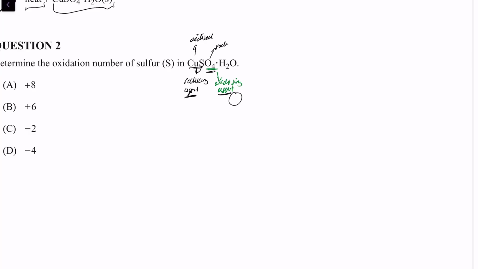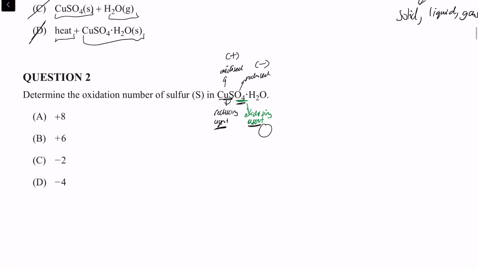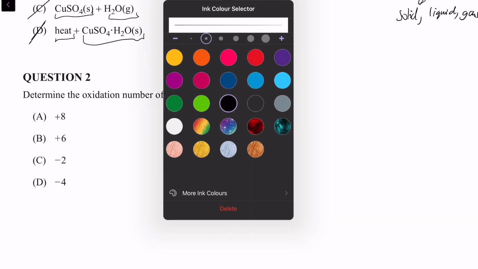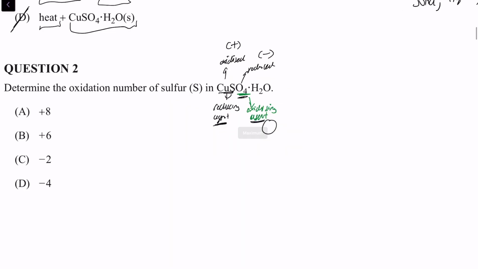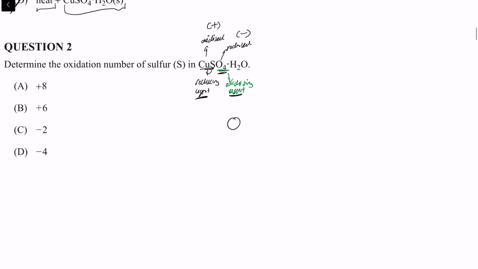And this gets reduced. So essentially what it means is that we're going to have a positive oxidation number for the oxidized elements, and then we're going to have, sorry, a negative oxidation number for reduction, because it's the opposite. So one of the key assumptions we know is that the oxidation number for oxygen is -2.